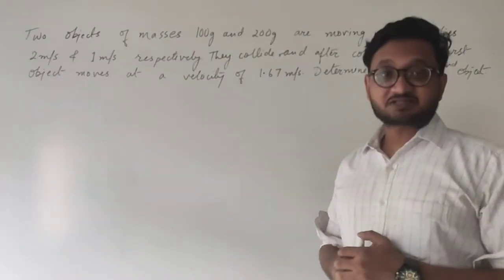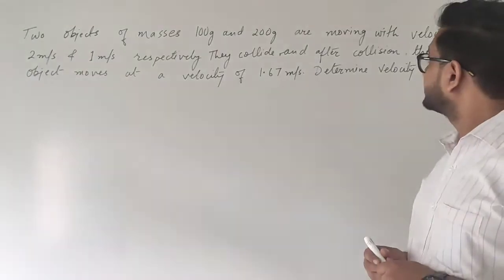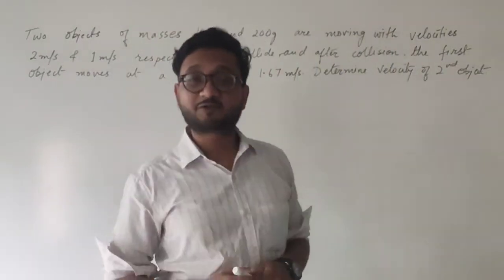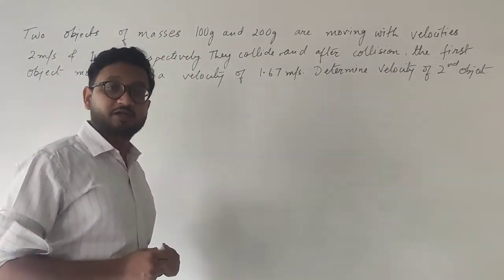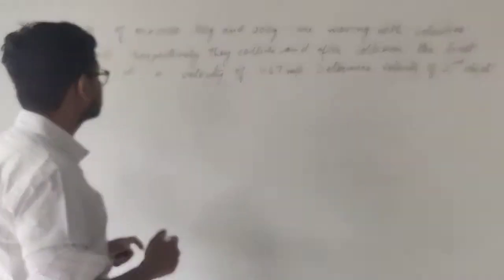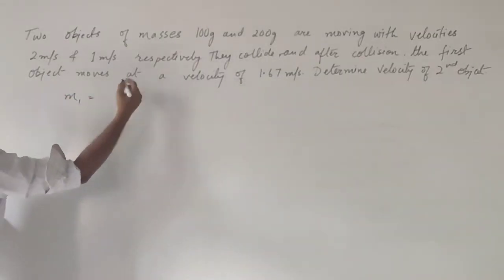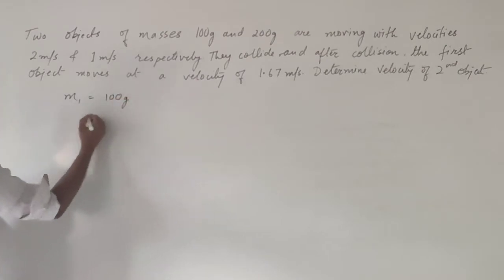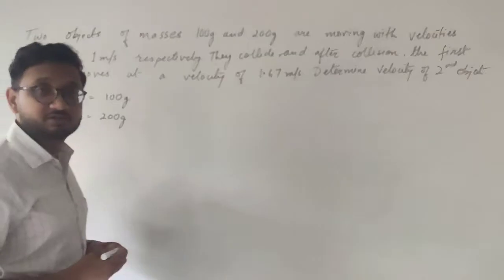So the question states that two objects of masses 100 grams and 200 grams are moving with the velocities of 2 meters per second and 1 meters per second respectively. Okay, so we have been given two objects. So I can write M1 is equal to 100 grams and M2 is equal to 200 grams.